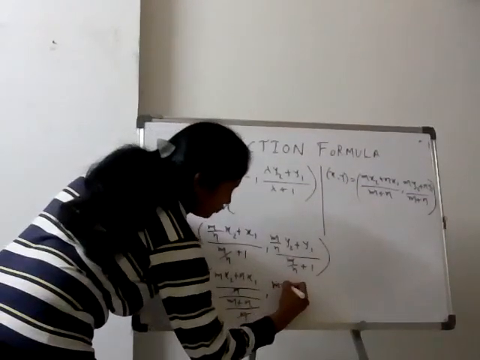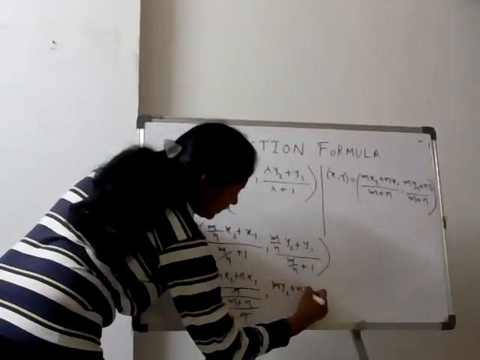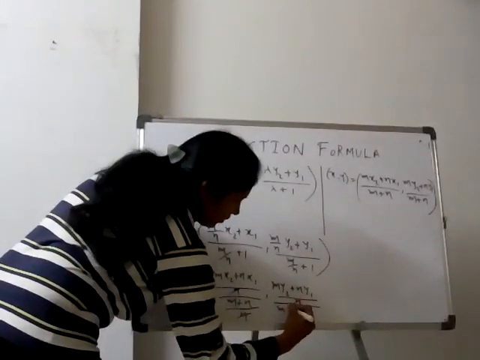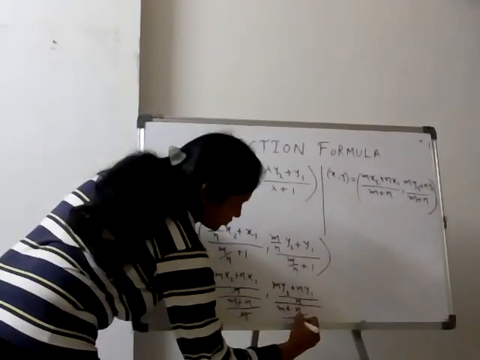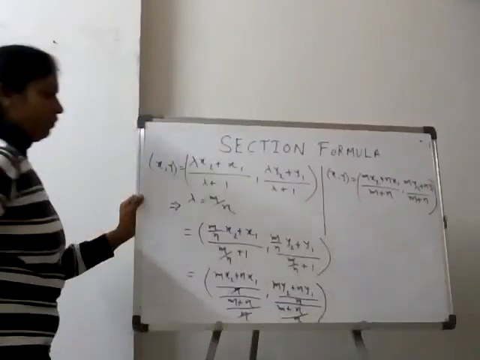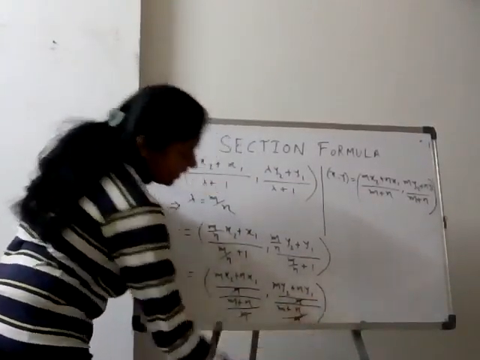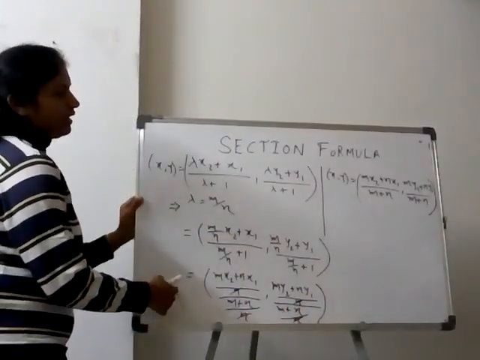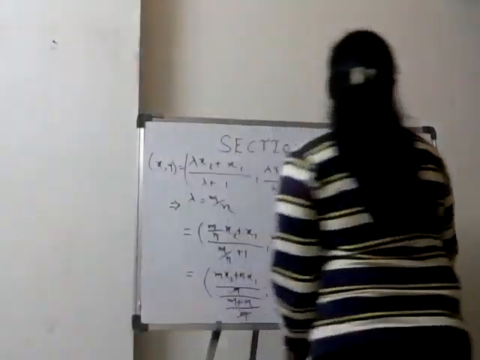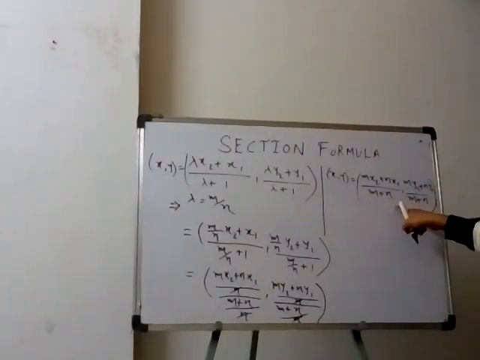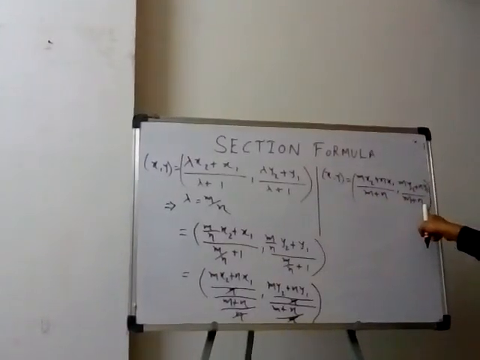Now my2 plus ny1 upon n, similarly for y also. Finally from this also n will get cancelled out. So you will get this formula: x comma y is equal to mx2 plus nx1 upon m plus n, comma my2 plus ny1 upon m plus n.